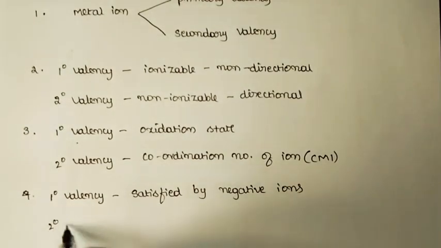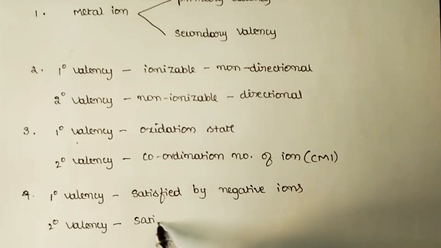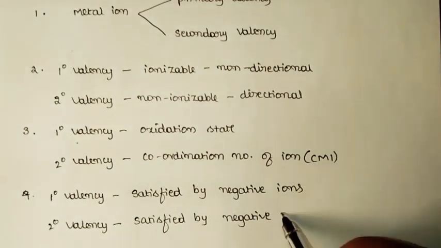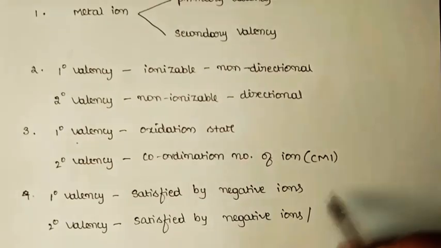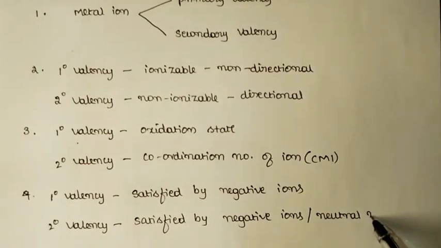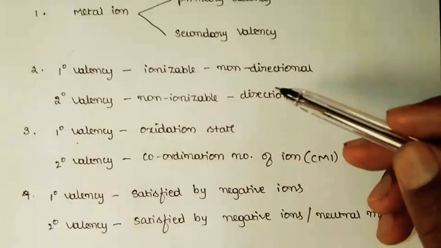And in the same way, the secondary valency of the central metal ion will be satisfied by either negative ions or neutral molecules. So both the components can satisfy the secondary valency of the central metal ion.